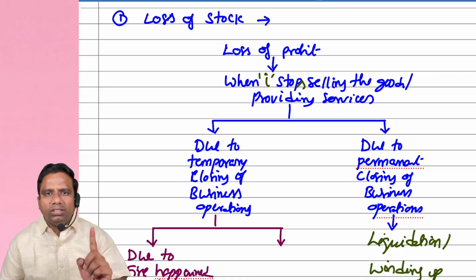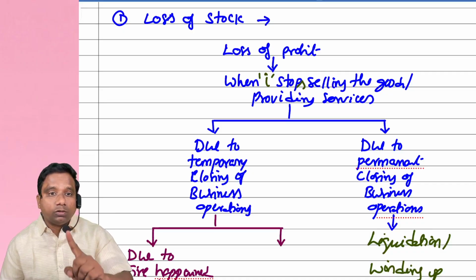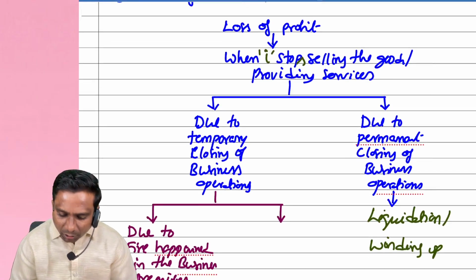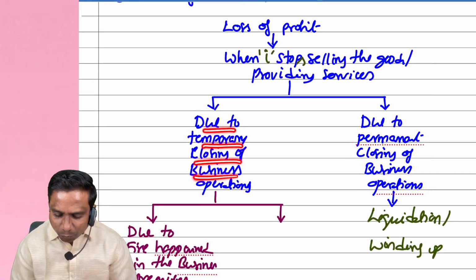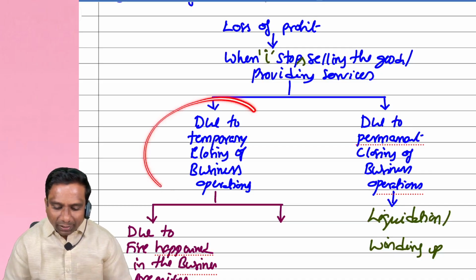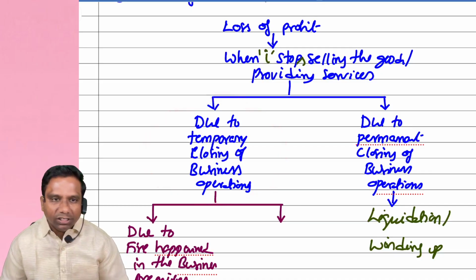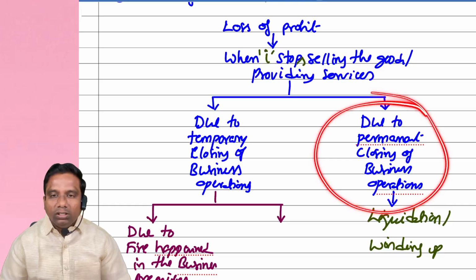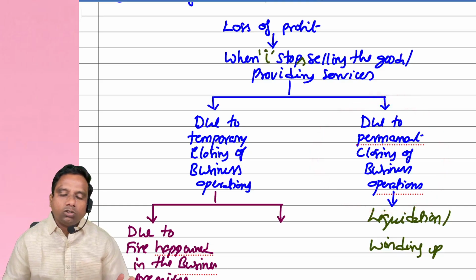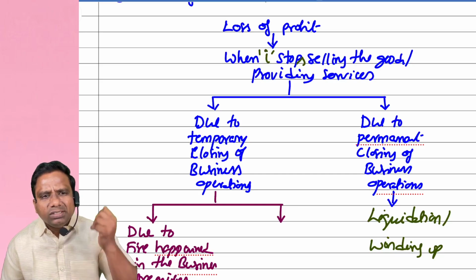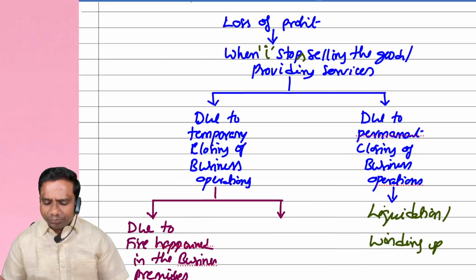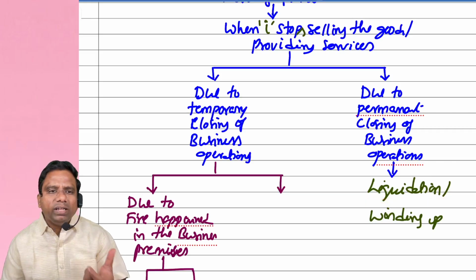There are two possibilities for loss of profit. The first one is due to temporary closing of business operations. The second one is due to permanent closing of business operations. When I close the business permanently, that is nothing but liquidation or winding up.